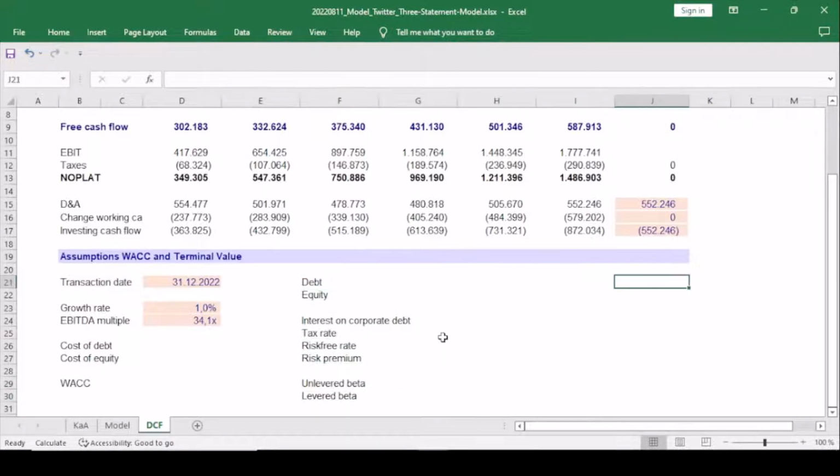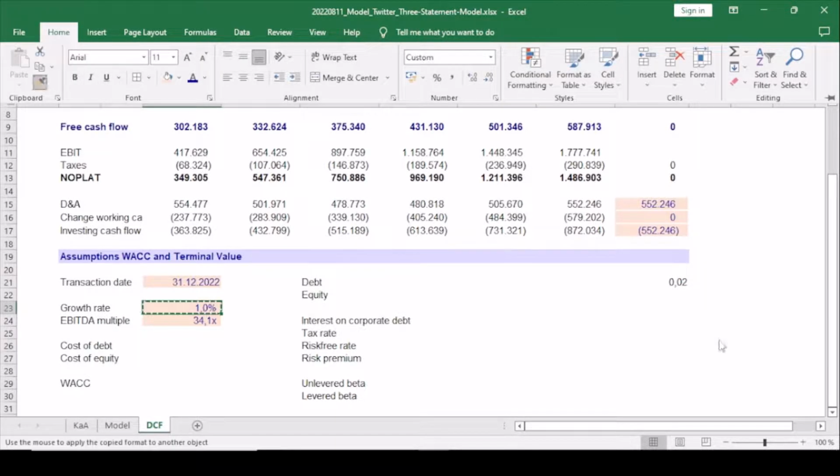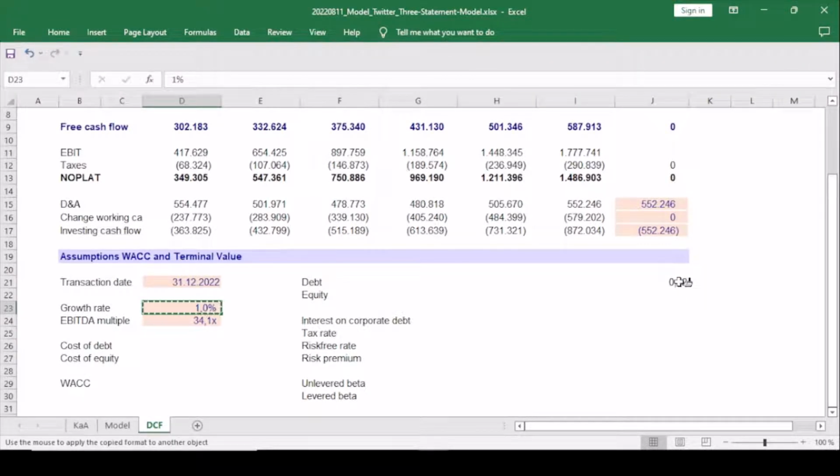As I said earlier, you should always challenge the data you are using, especially in times when markets, or to be more precise, interest rates are changing rapidly and significantly.